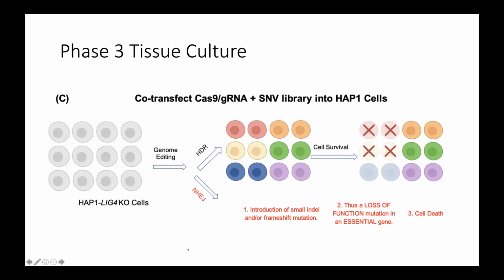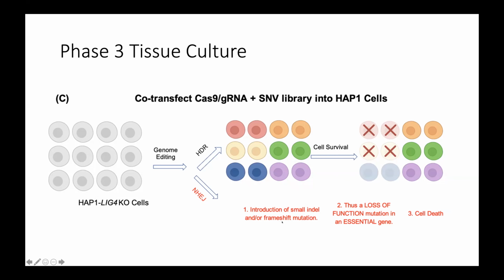And so I just want to emphasize one more time, in the actual tissue culture, in the actual co-transfection, when you transfect these hap1 LIG4 knockout cells, you are getting genome editing by one of 2 mechanisms, HDR or non-homologous end joining. If you get non-homologous end joining, which happens 80% of the time, even in the presence of the LIG4 knockout, you are getting the introduction of a small indel or frameshift mutation.